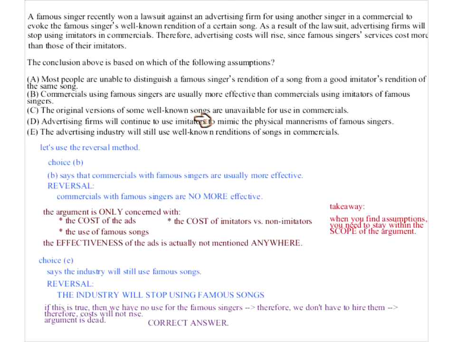But the original versions are going to have been done by famous singers, because they're the original version. So if you reverse this, it actually plays into the argument rather than working against it. Because if you're using original versions, then you are still using famous singers, so that'll still make your cost go up. So if you reverse C, it actually goes with, not against, the flow of the argument.